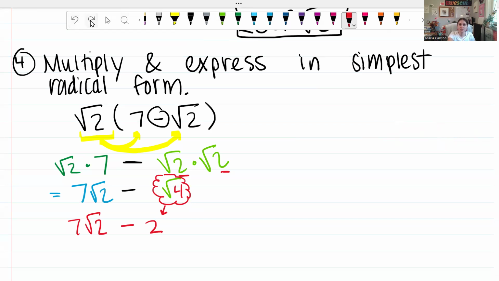And a lot of times we could write it like this, or we could also flip the order of our addition. So instead of 7 square root of 2 plus negative 2, instead of minus 2, I could flip this and write this as negative 2 plus 7 square root of 2. Either of these two expressions mean the same thing, and they're in simplest radical form.